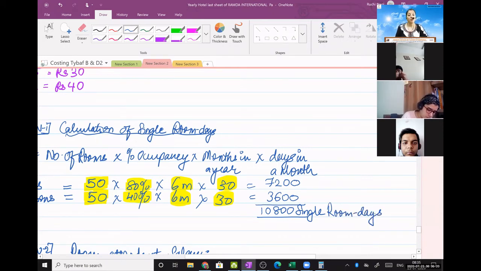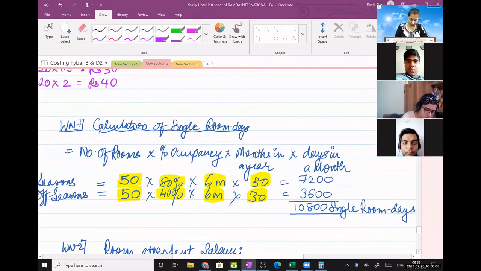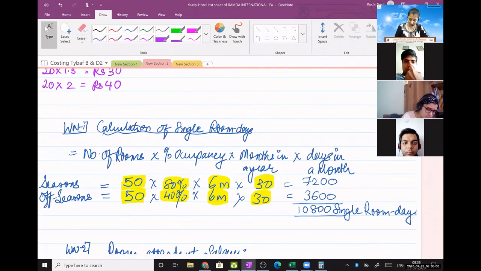Your variable cost will be calculated on this basis. Fine. Is it clear? Any doubts? Just acknowledge it in the chat box. Is it clear? First working note, calculation of single room days.